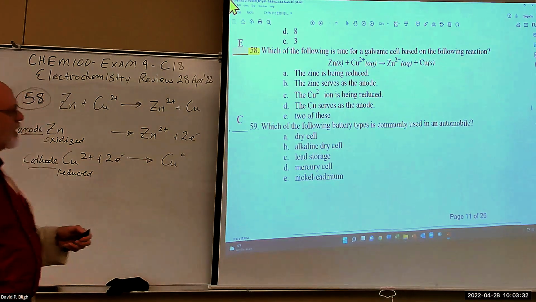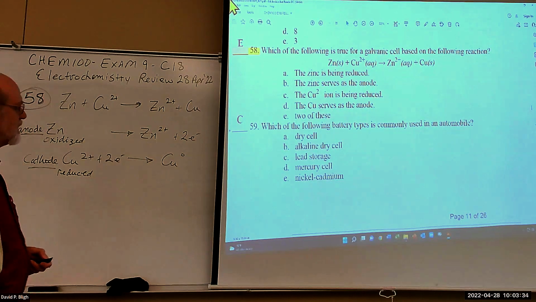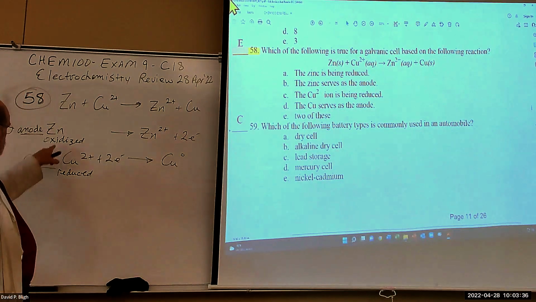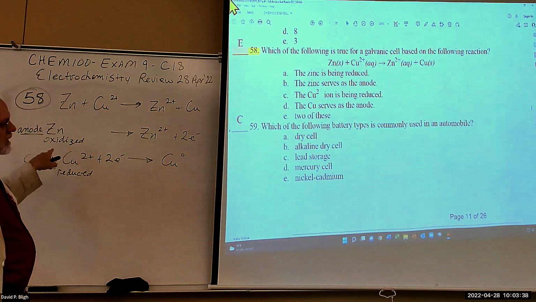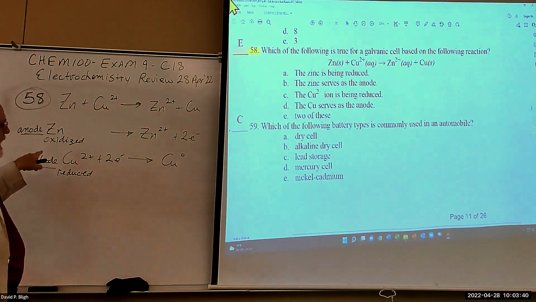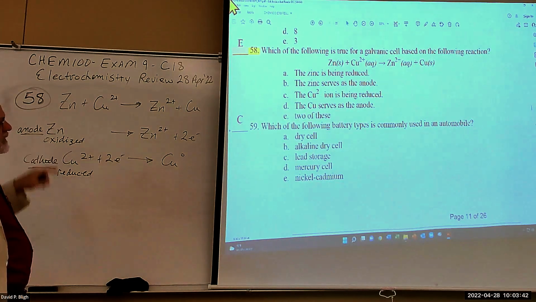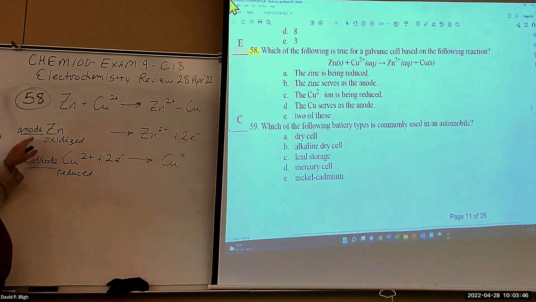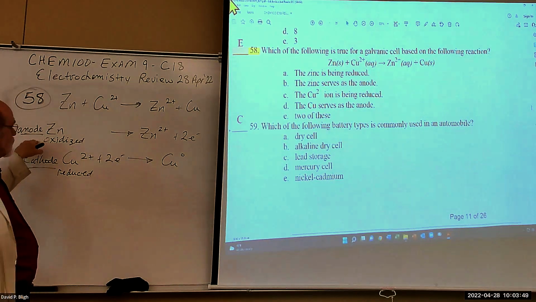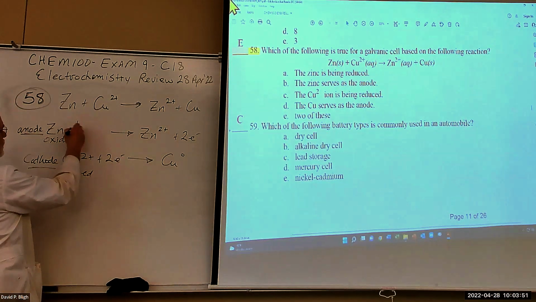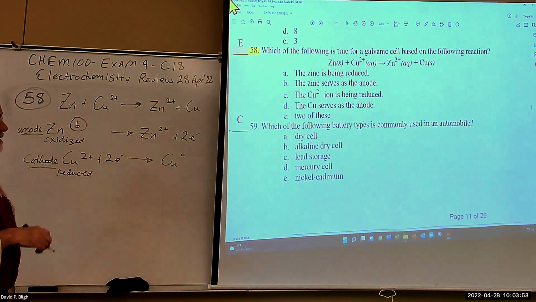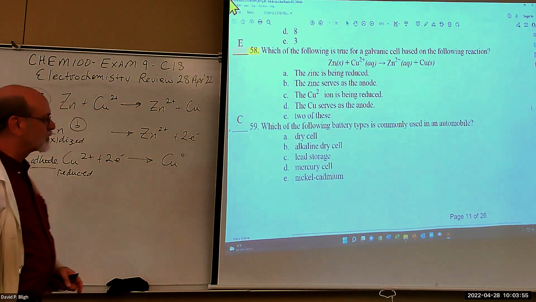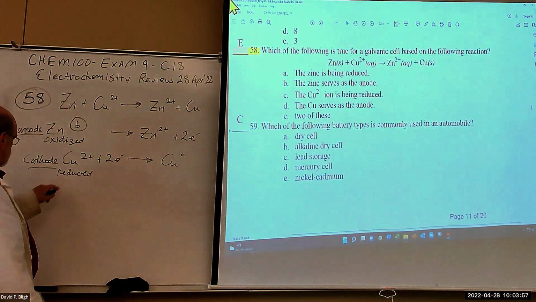All right, now we can probably answer it from there. Zinc is being reduced. No, zinc is oxidized. The zinc serves as an, or did I get those backwards? Zinc serves as, oh no, that's right. Zinc is the anode. So B is correct. B is a correct answer. Copper 2 plus is being reduced.